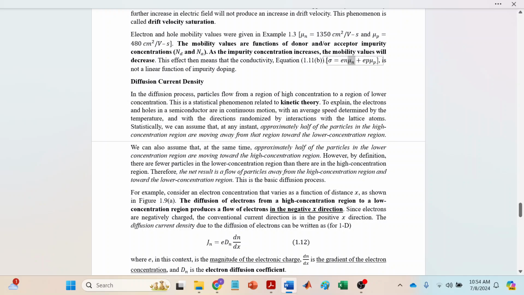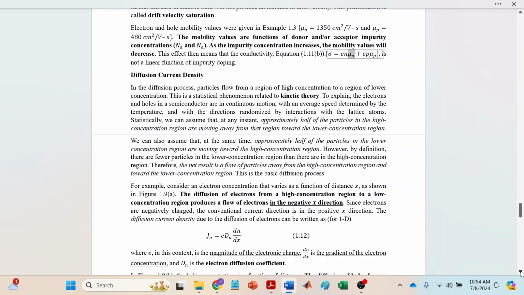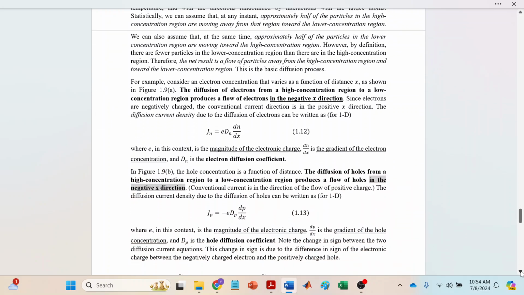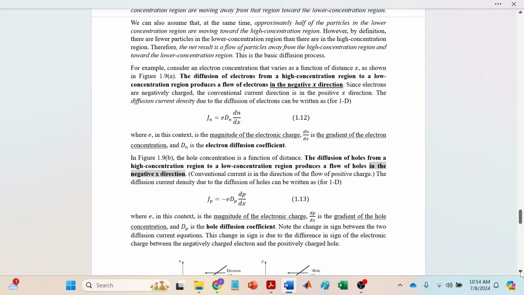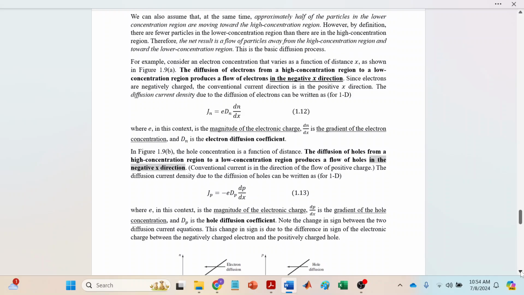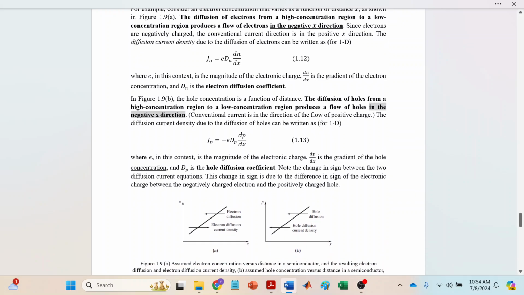The diffusion of electrons from high concentration to low concentration will produce a flow of electrons in the negative x direction. So we are talking about the electron case.